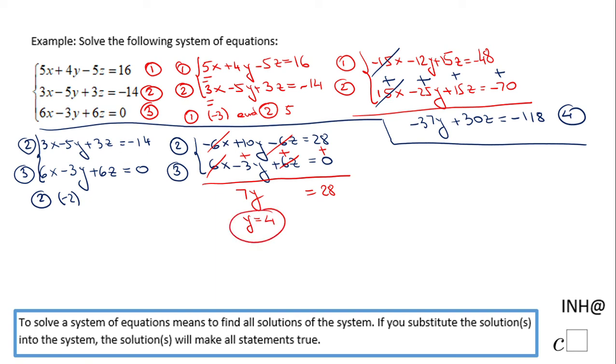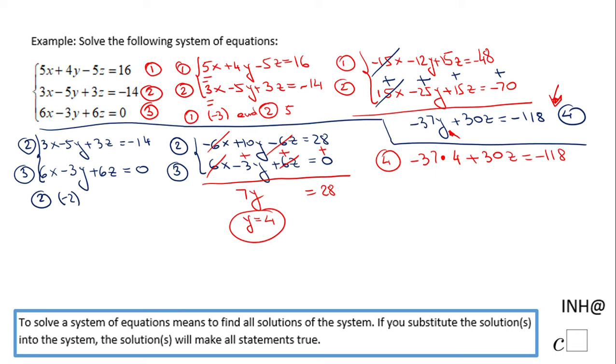Now, what else can I do now? I can go back very fast to equation number 4, if you remember. Plug 4 here and get z. So let's see how that looks. We have negative 37 times that y, times that 4, plus 30z equals negative 118.